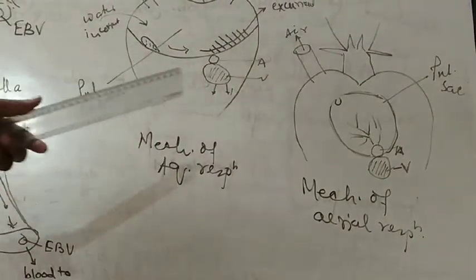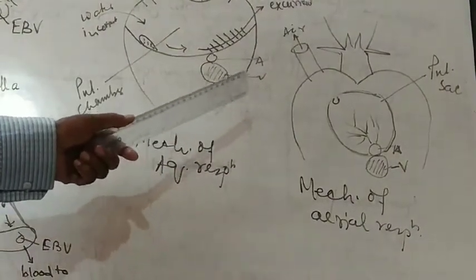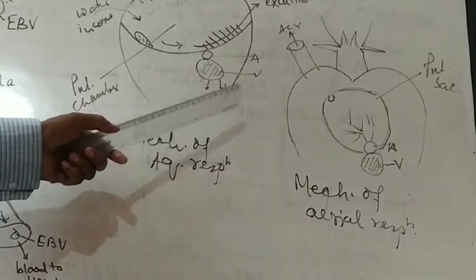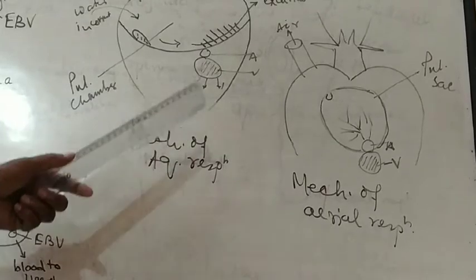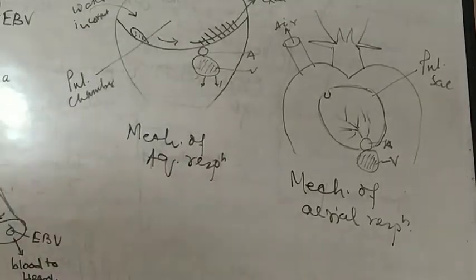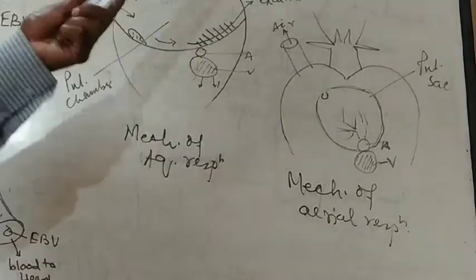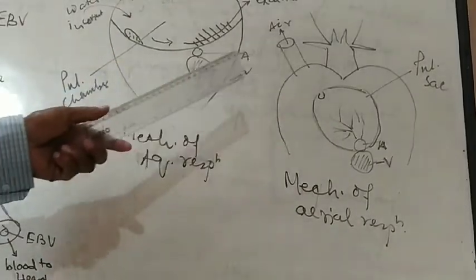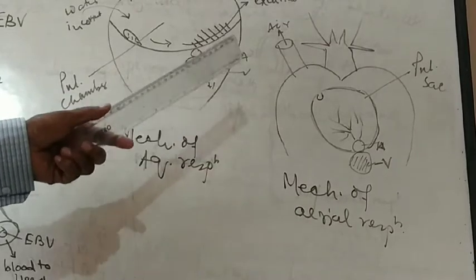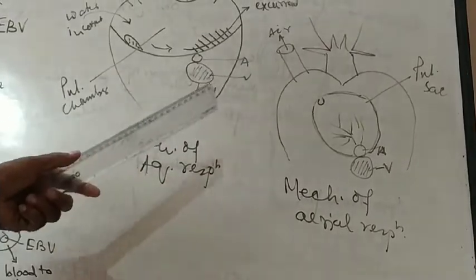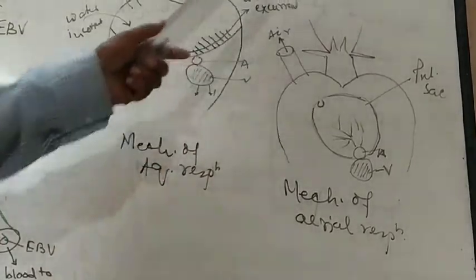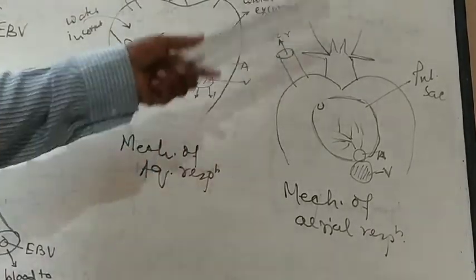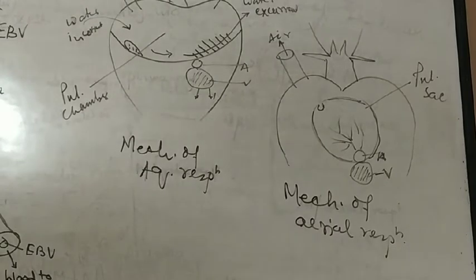That is also like that: during aerial respiration, when the species remains out of water, I mean on land, it extends the front portion, the foot, and at that time it extends the nuchal lobe. You see that the nuchal lobes extend from the muscular body.